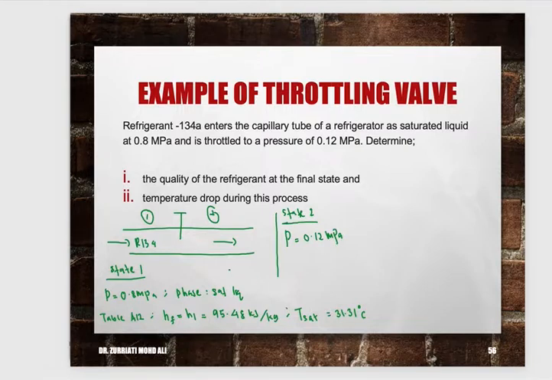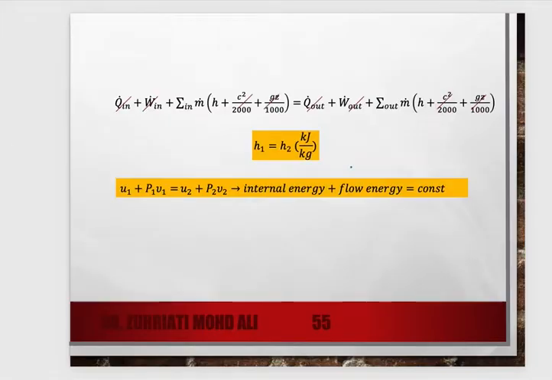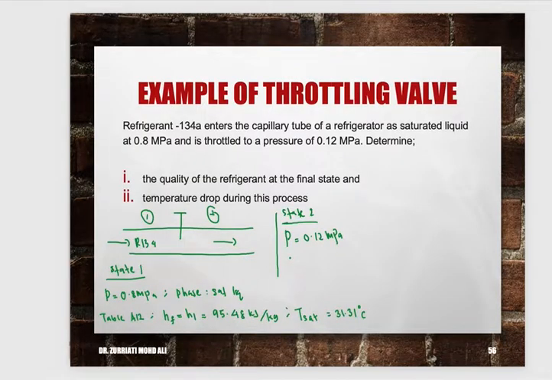Please remember that from this equation, h1 is equal to h2. So based on that, I know that h2 is equal to h1, that is 95.48 kJ/kg.